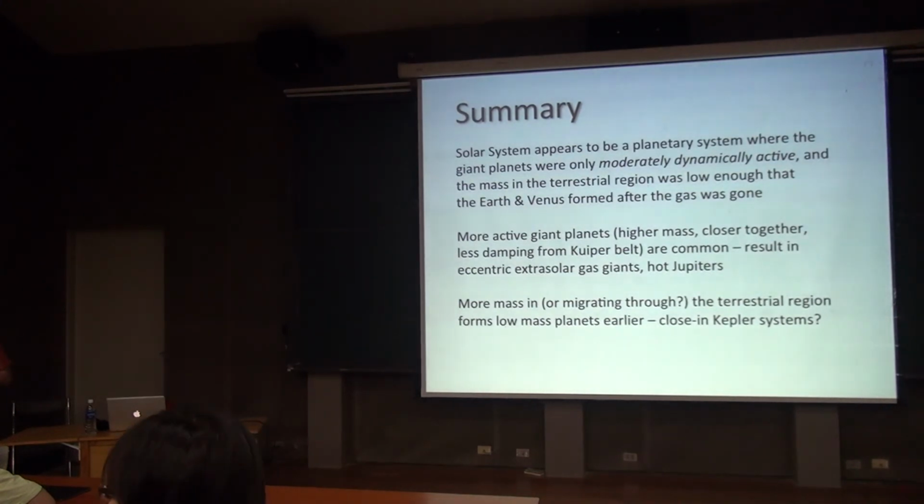In your slides, you have mentioned that there is a special system with many massive planets, and you also mentioned that there are many mechanisms that affect the orbits of the planets.